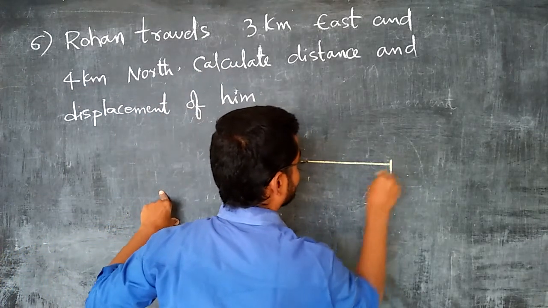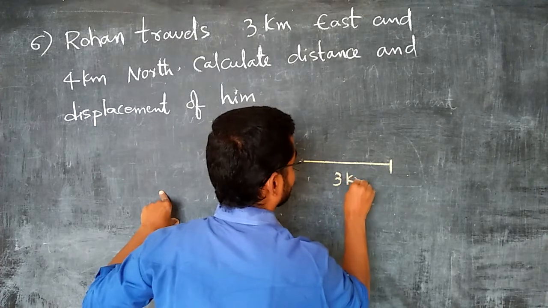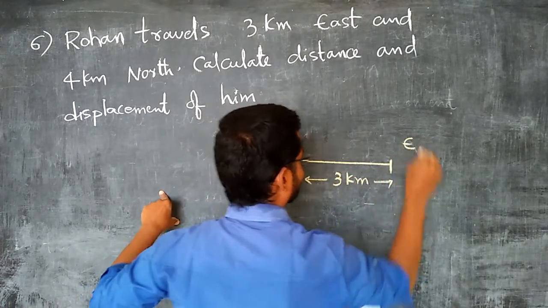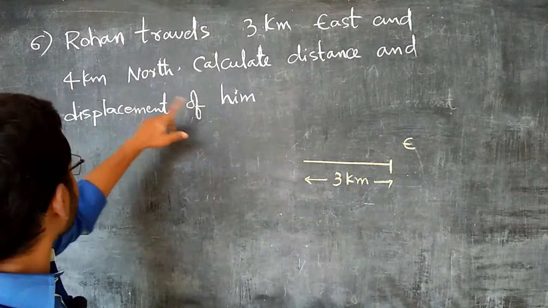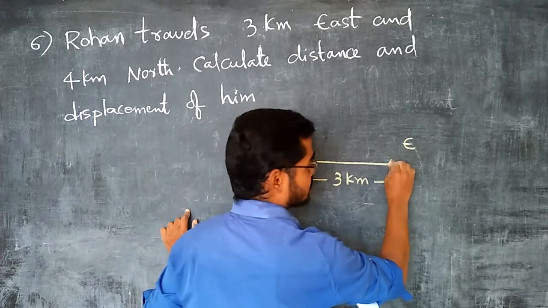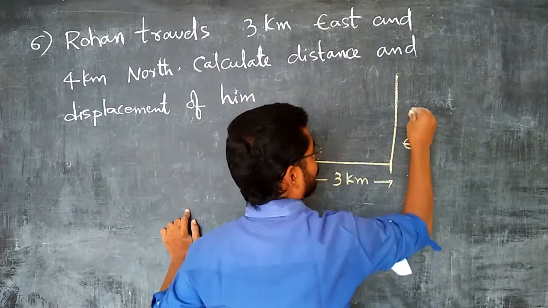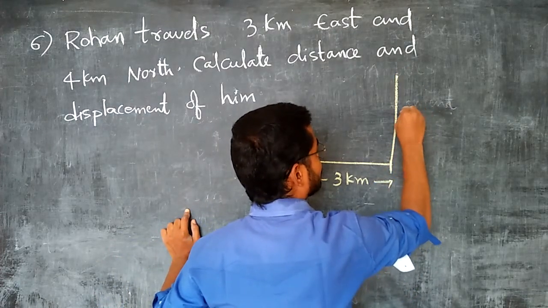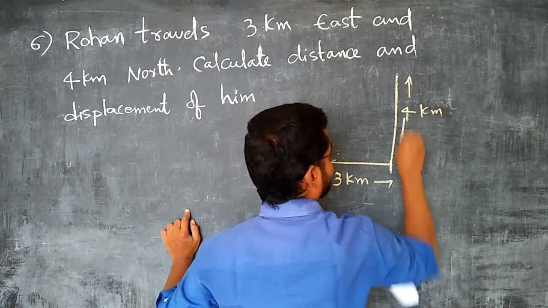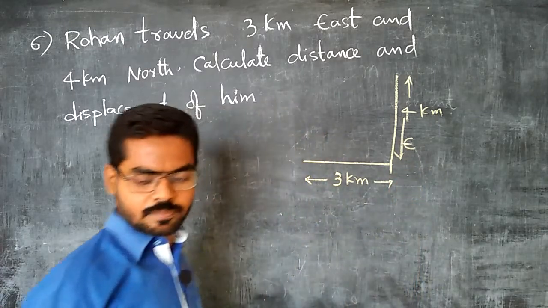Rohan is moving 3 kilometers towards east. Take this direction as the east direction. Next he moves 4 kilometers towards north. That means north is in the upward direction. 4 kilometers towards north. What is the distance and displacement covered by Rohan?